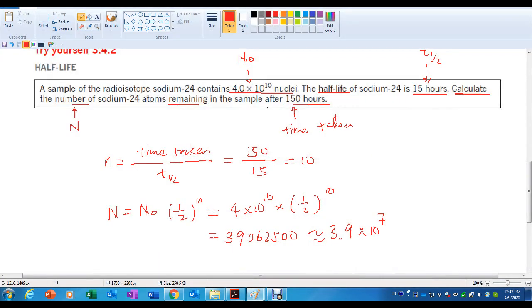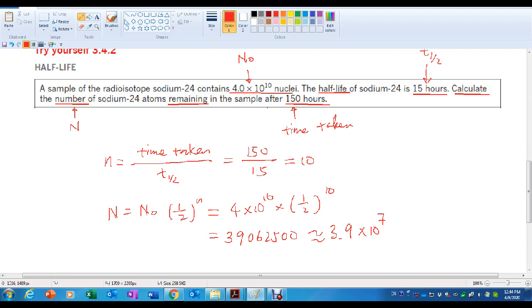Okay, here's the answer. Basically, just apply a very similar process for this question, like the one we have just done before. So the answer would be 39 million 62,500, right?